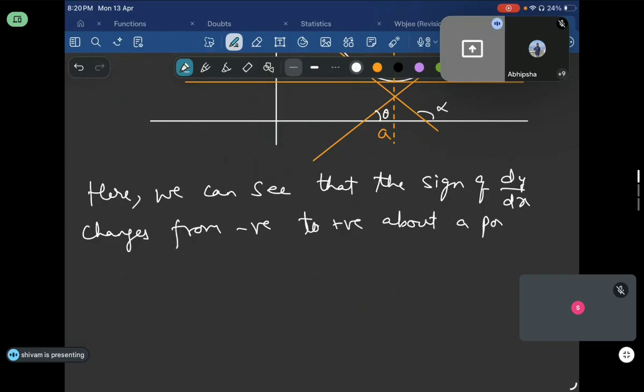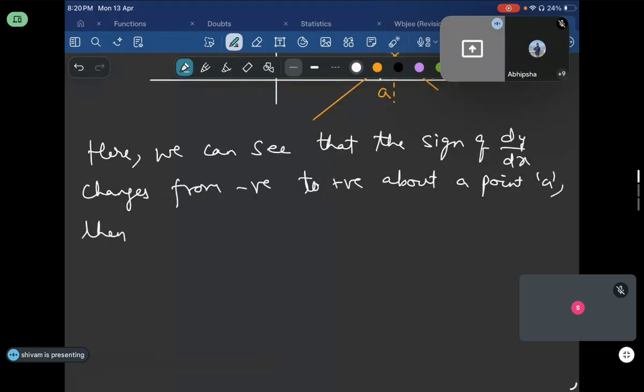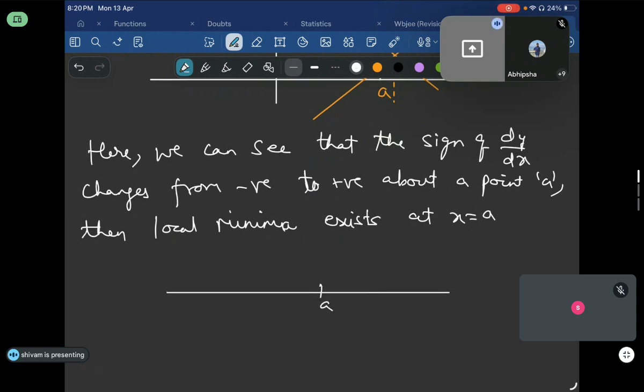Then local minima exists at x equal to a. And how will the diagram look like? This is a. On the left hand side of a, dy by dx is negative, and on the right hand side of a, it is positive.